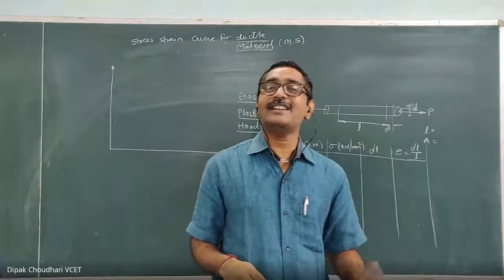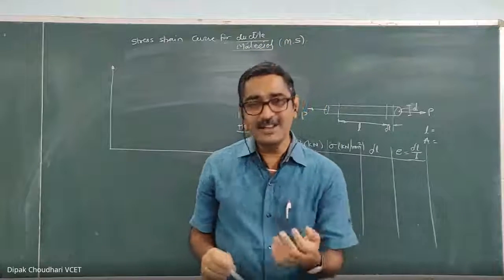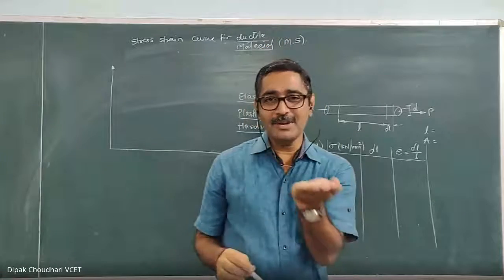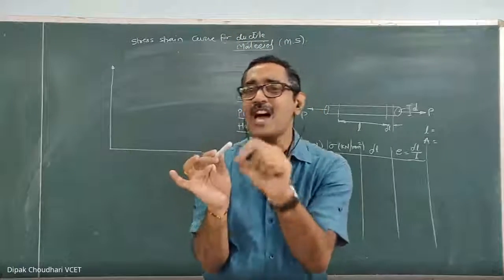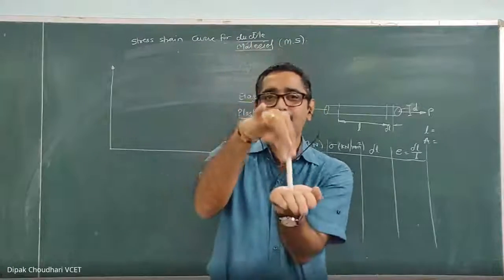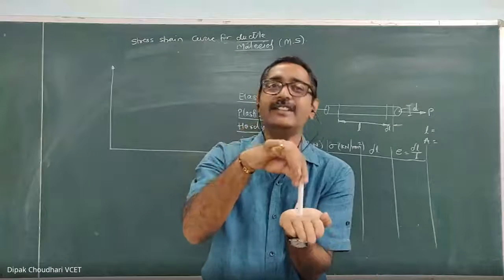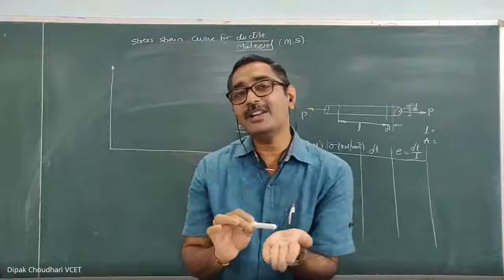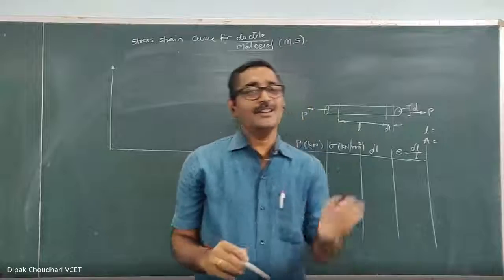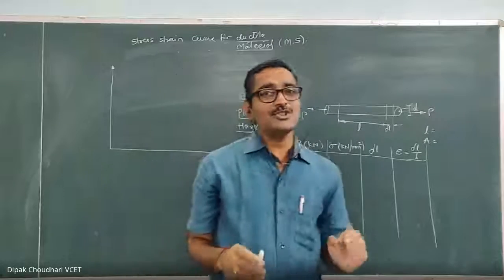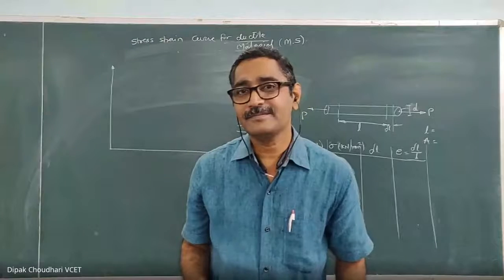In other words, I can say that the hardness is a resistance to the indentation. If the material is hard, and if I try to indent something on that, if I take a sharp object and apply the force, if it is a soft material, easily I can indent it. But if it is a hard material, it is difficult to do that indentation. So hardness is a property by virtue of which the material resists the scratch and indentation.